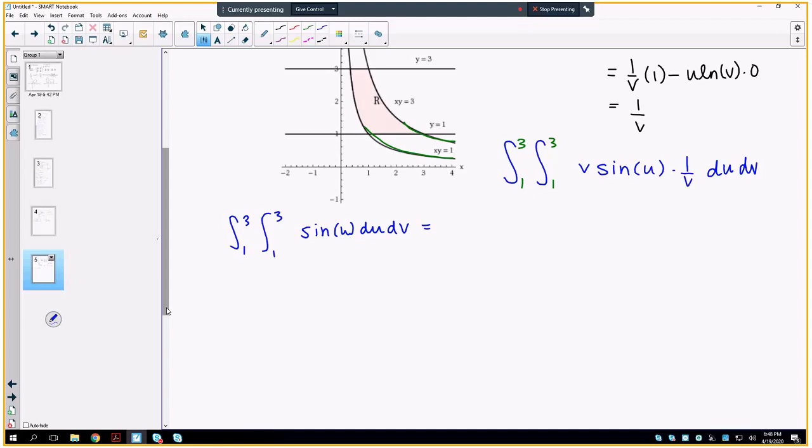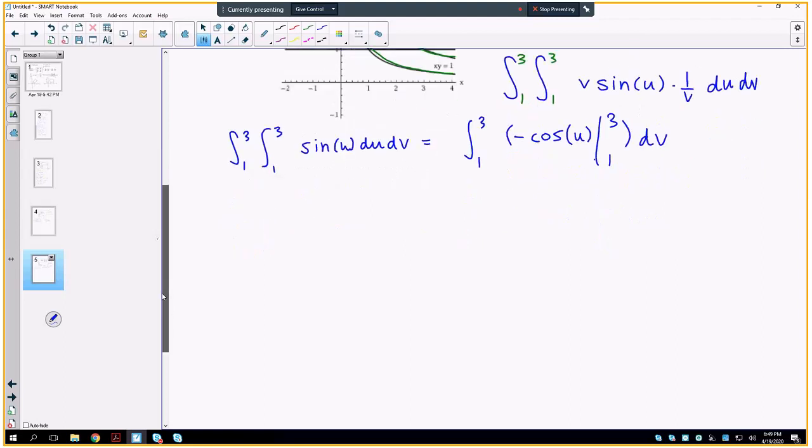And so the antiderivative of sine, of course, is negative cosine. So this is 1 to 3, negative cosine, evaluated between 1 and 3. I forgot my variable there. Negative cosine of u evaluated between 1 and 3. So that should be integration from 1 to 3.